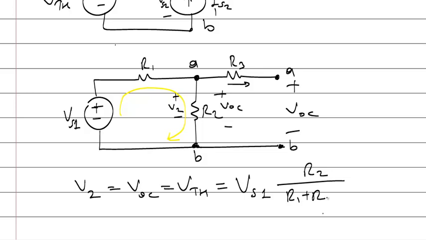The total resistance. Okay. Voltage of a resistor is equal to total voltage times that resistance divided by total resistance if they are connected in series. Now they are connected in series because R3 has no effect. R3 has no effect. Okay. So that's the open circuit voltage, Thevenin voltage.